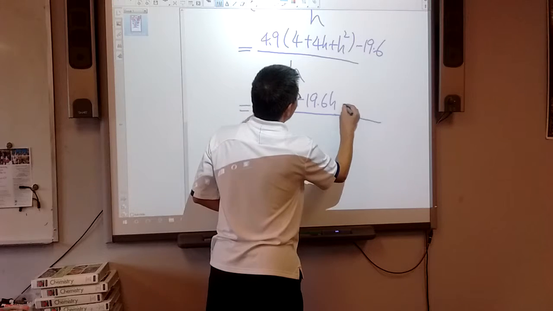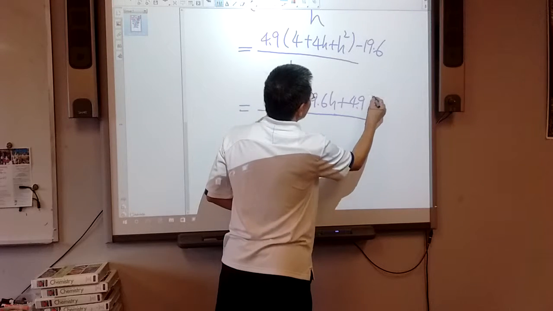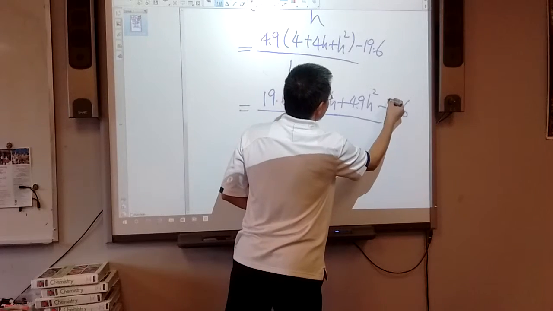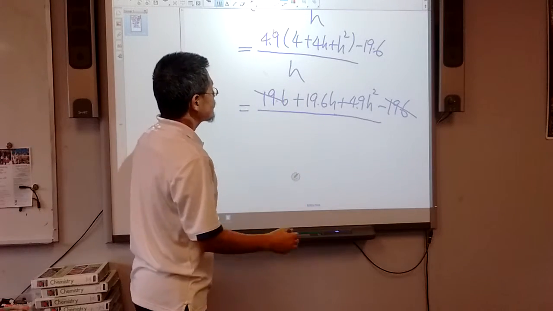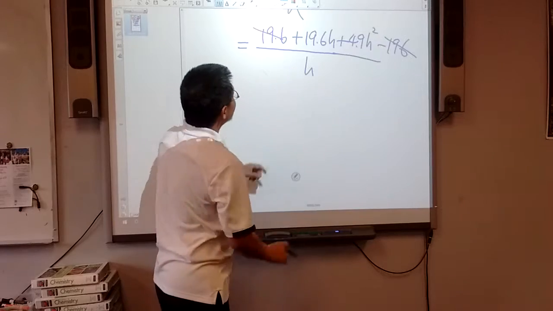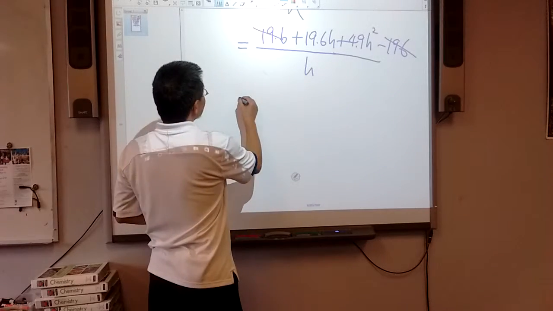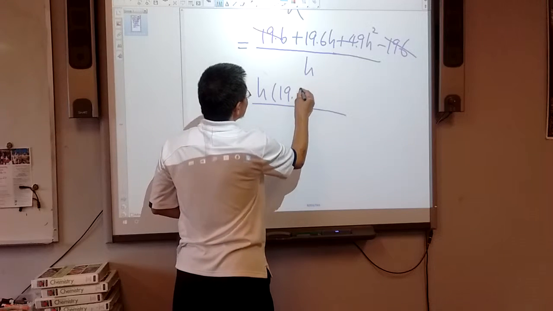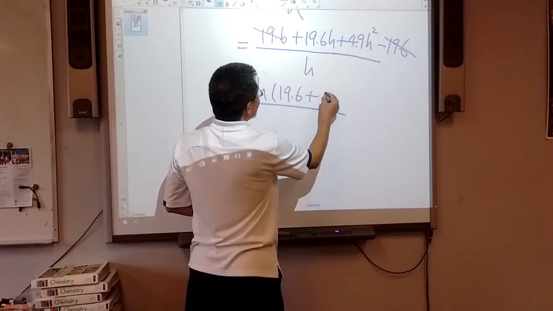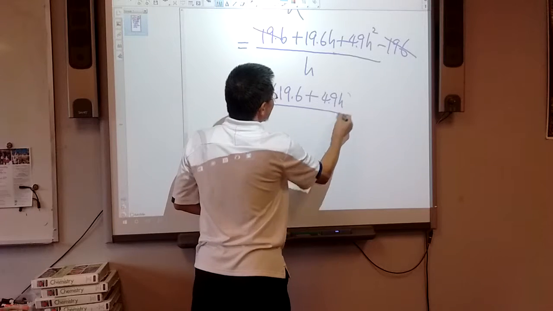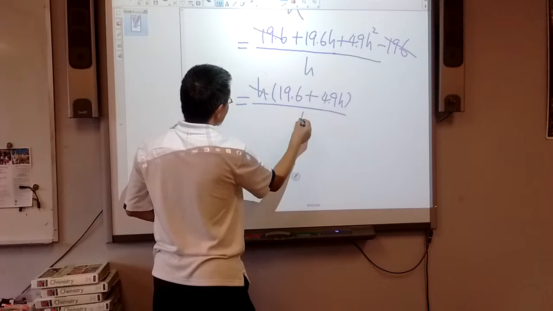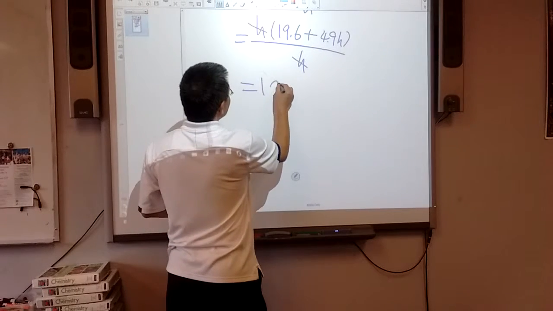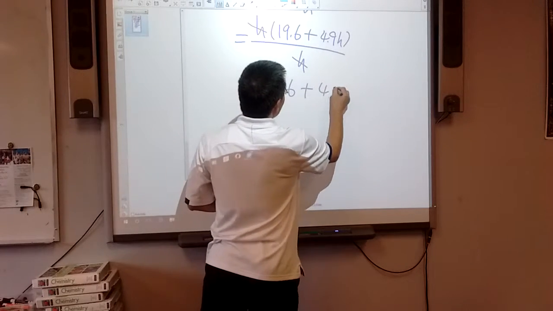19.6h plus 4.9h squared. Remember, something could be cancelled out. This and that, right? And then we have h as a common factor because we're going to cancel out h. Move h out. (19.6 plus 4.9h) over h. Now h and h cancel. Remember, our h is not 0. So we get 19.6 plus 4.9h.